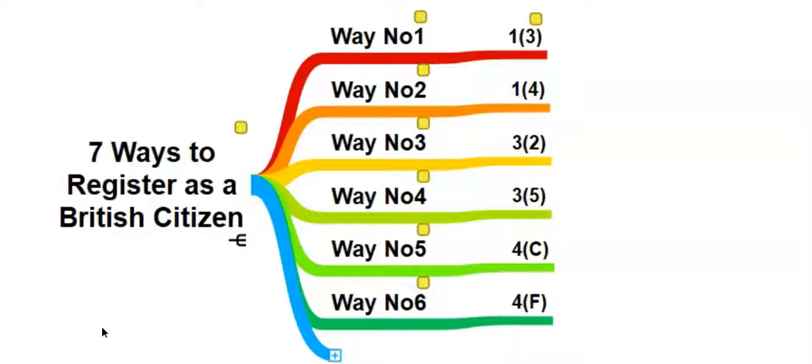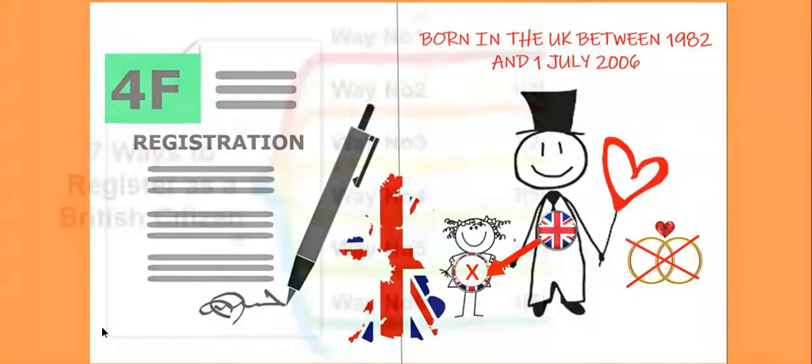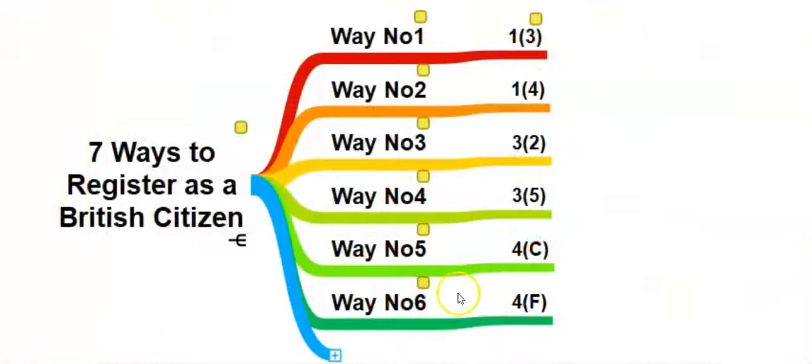Joseph's father could not pass on his British citizenship to Joseph. Unfortunately, British men could not pass on their British citizenship to children if they were not married to the children's mother. However, Section 4F changes this, and now Joseph can register as a British citizen.